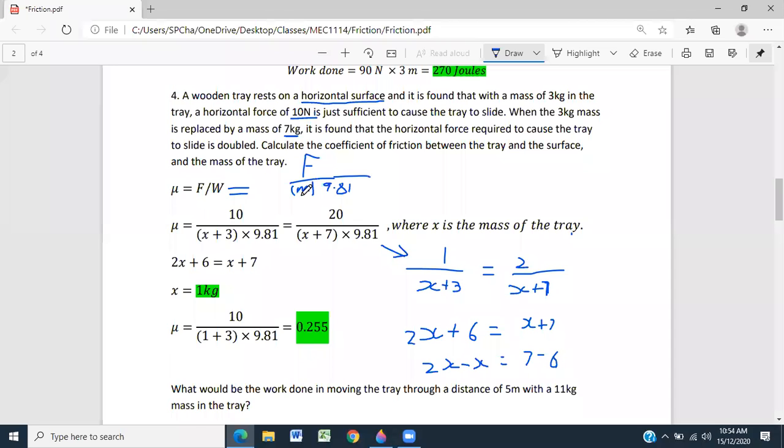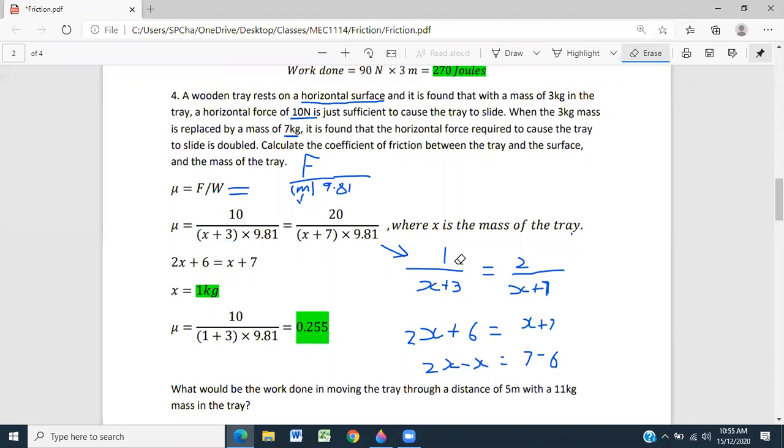Now the mass is not just this mass, it is the mass plus the mass of the tray. So we just put x plus 3 times 9.81. So that's essentially what we got here, agreed?